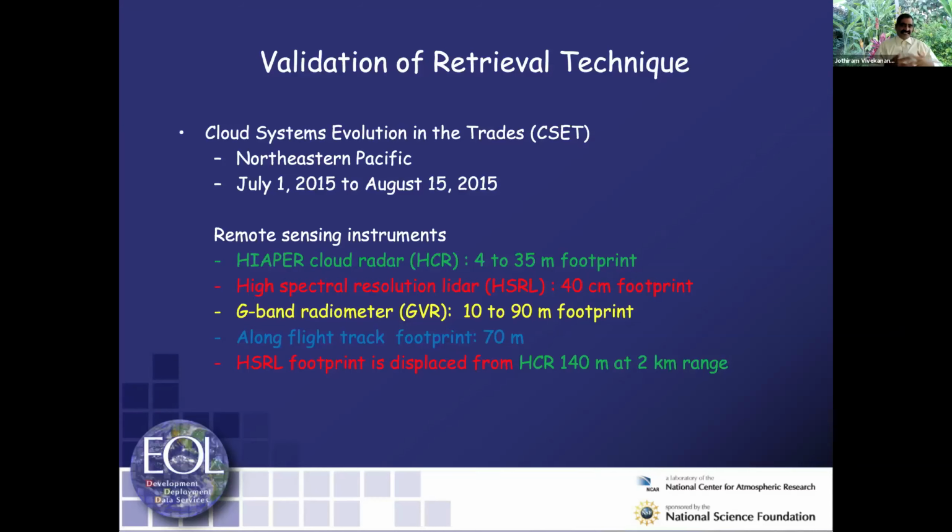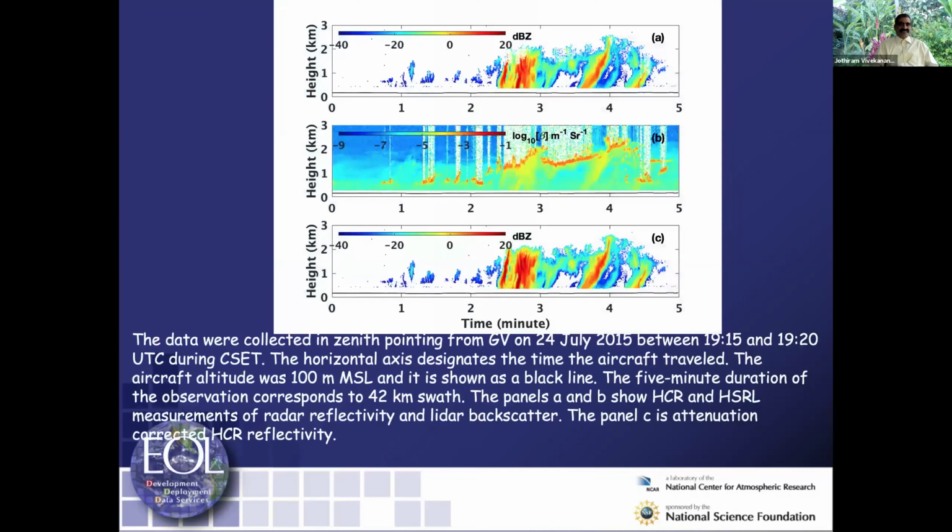Otherwise, all the technique that I developed using simulations doesn't make any sense unless I validate this with some kind of field measurements. This is a challenging part. It took a lot of time to pick the right data set where I could look at radar measurements.